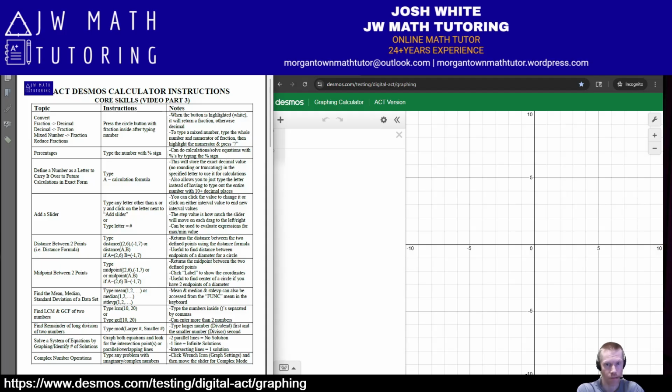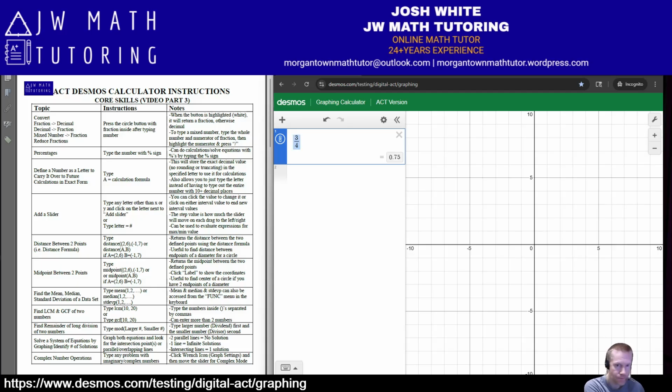So the first thing I want to talk about is converting fractions to decimals, decimals to fractions, and back and forth. Obviously you can type a fraction here, and it converts it to the decimal. And then if you click the button, it'll send it back to a fraction. So this little button is what you're looking for.